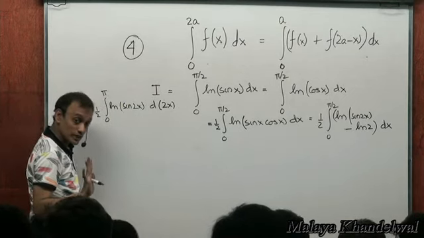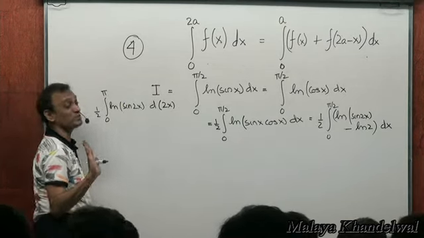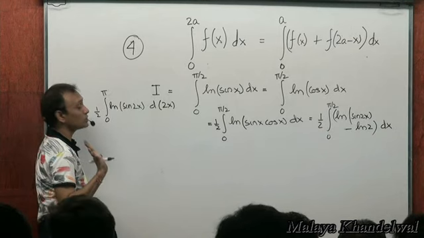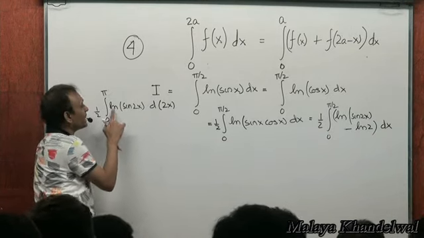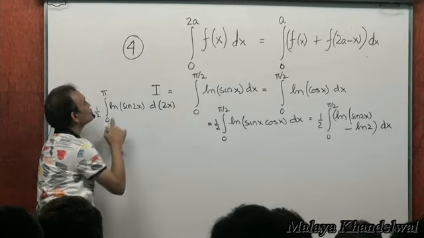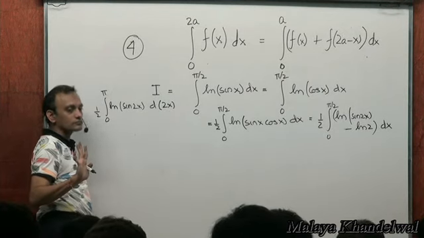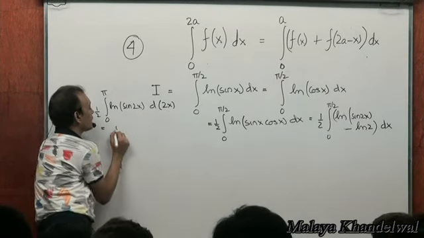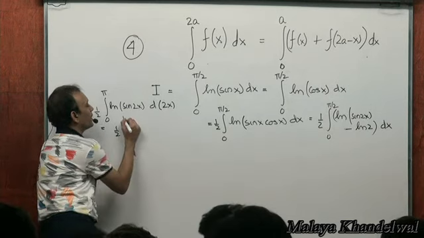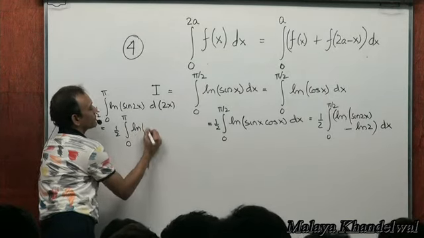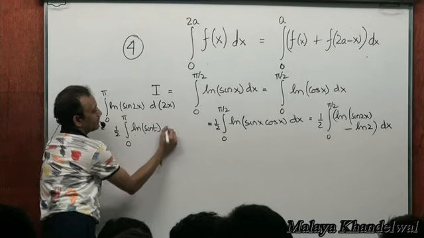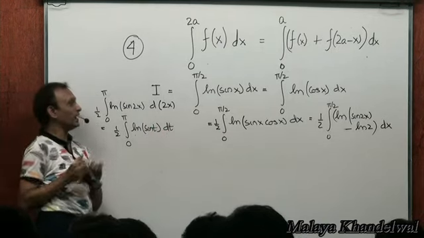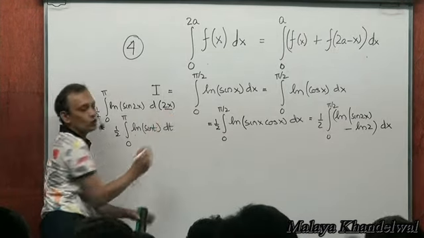So far nothing good has come through, but so far so good, right? So it's like ln sine t dt from 0 to pi. So this is like half of 0 to pi ln sine t dt, where t is 2x.